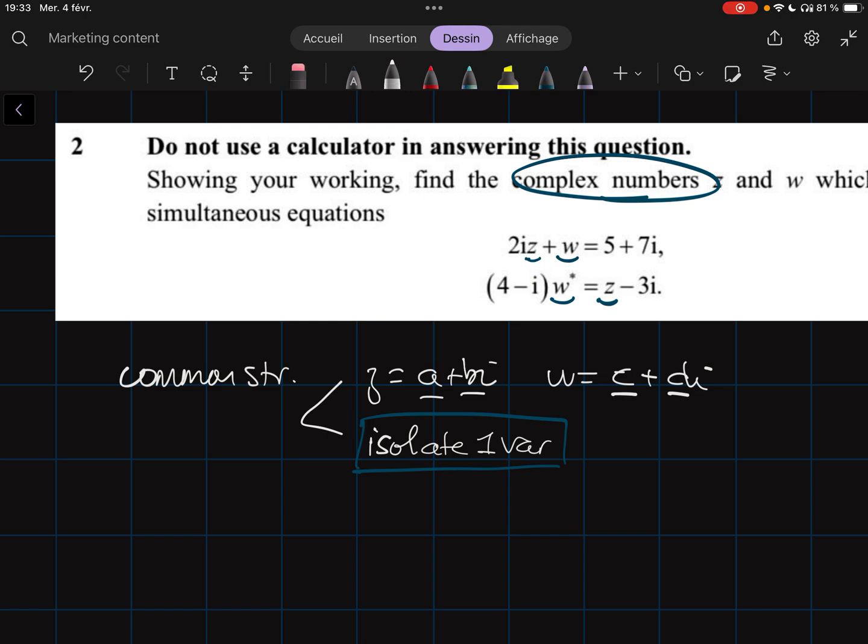So, if we are to isolate one variable, what variable should we use? What complex number should we isolate? We can isolate w or we can isolate z. Clearly, z is a better choice because z appears in both equations.